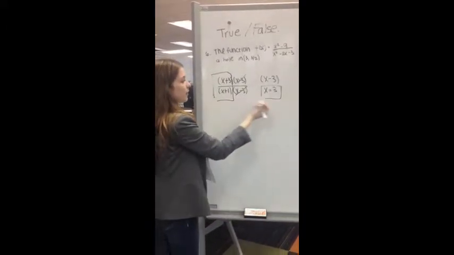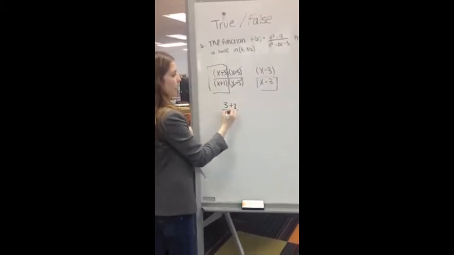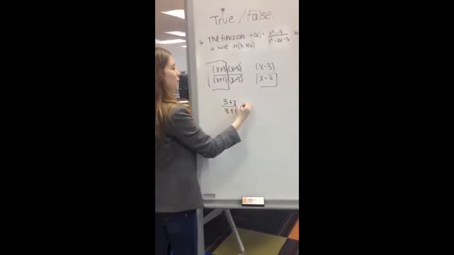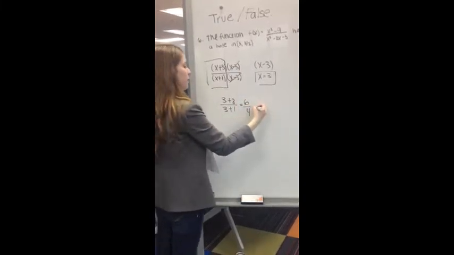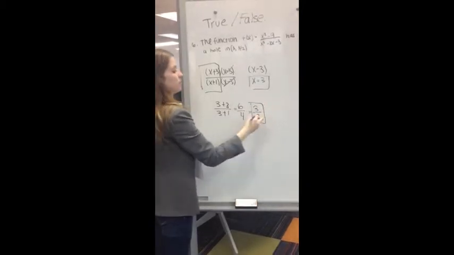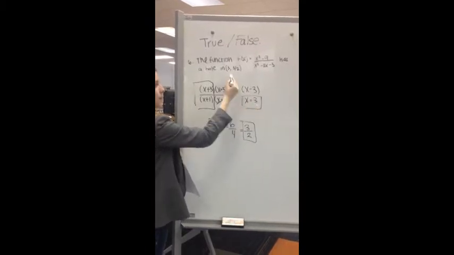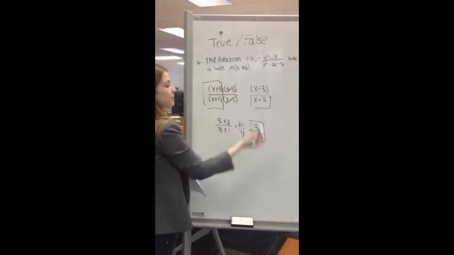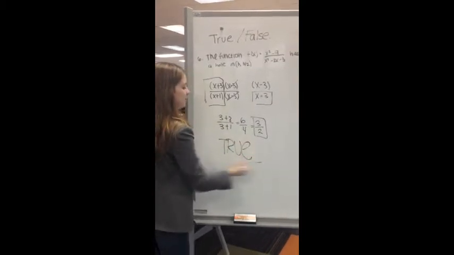So if here we have 3, you add 3 plus 3 and 3 plus 1, which means 6 and 4. If you simplify it, it will be 3 over 2, which is 3/2. And we can see that in this part is a 3 and in this part is a 3/2. So this is true.